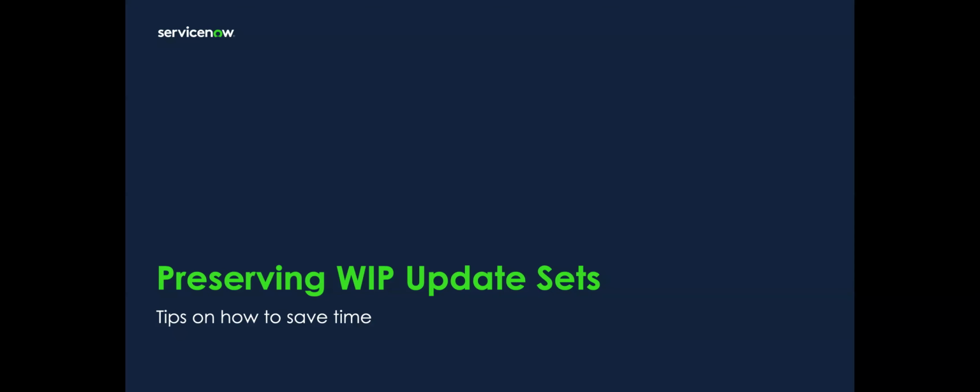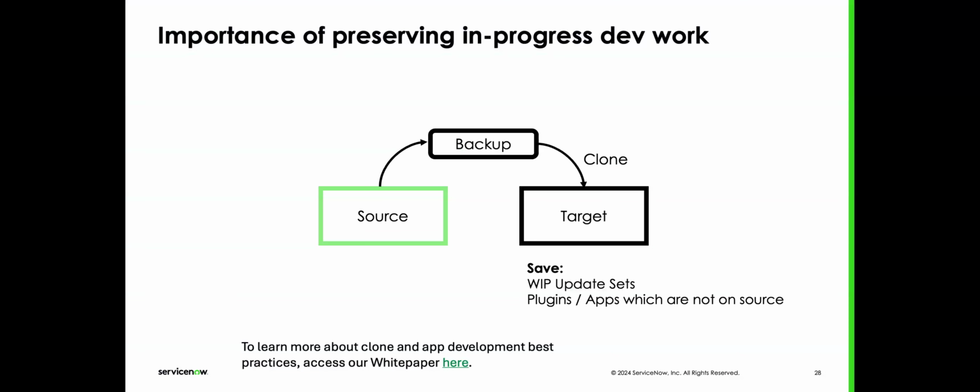First of all, I'd like to talk a bit about why it is important to preserve development work. Your development project might not end right when the clone is scheduled. So you're likely always to have some update sets which are still in progress, apps that your team is still working on.